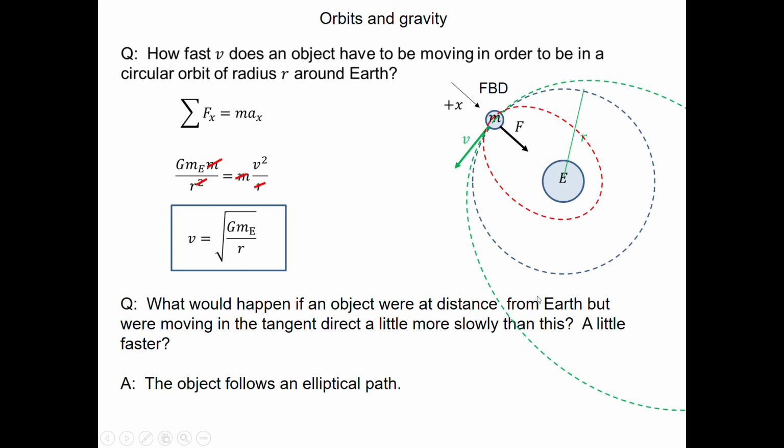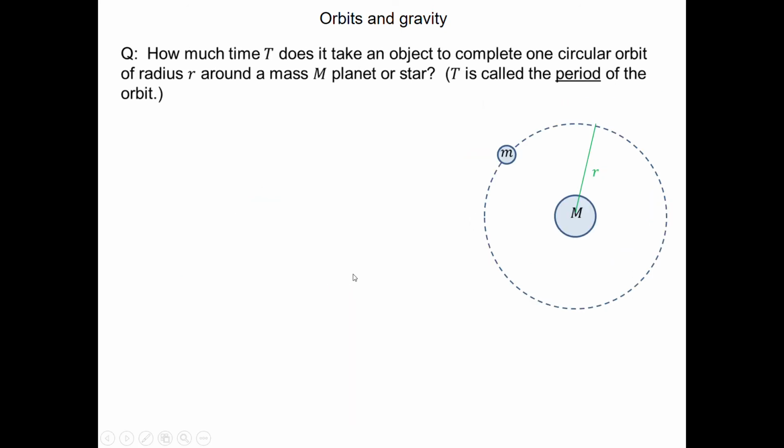So the answer is, in that case, the object would follow an elliptical path. We're experts now at finding properties of circular orbits, but this is what happens if you try to change that speed a little bit so it doesn't agree with the radius r for which we guaranteed this circular orbit.